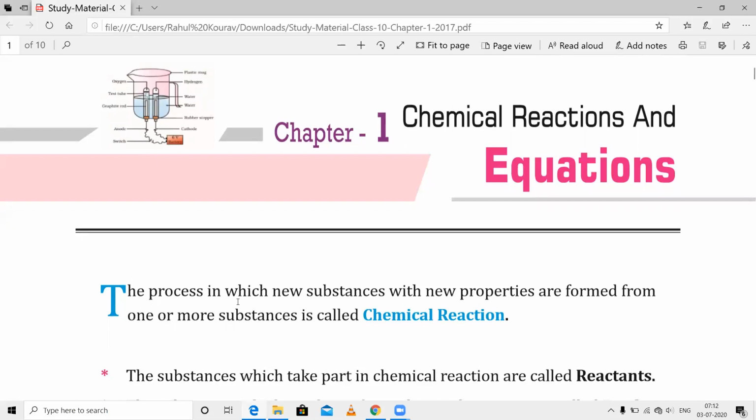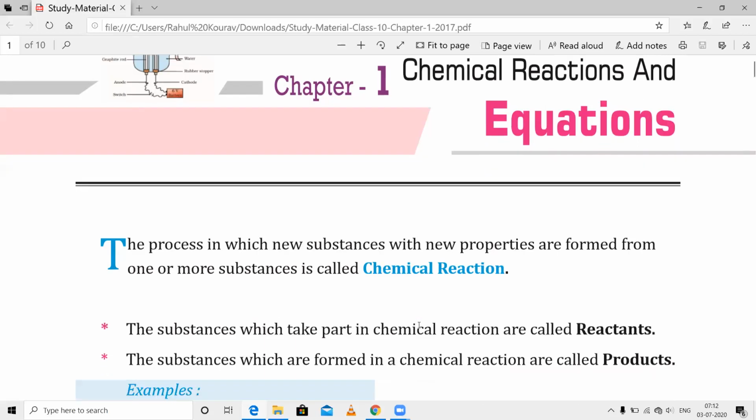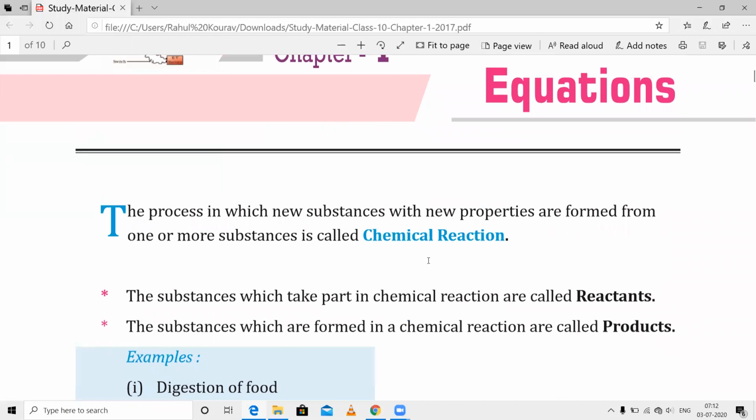The process in which new substances with new properties are formed from one or more substances is called a chemical reaction, right? This is the definition. So एक या एक से ज्यादा सब्सटेंस से अगर कोई दूसरा सब्सटेंस बनता है और उसकी नई प्रॉपर्टी होती है, तो दैट विल बी known as chemical reaction.